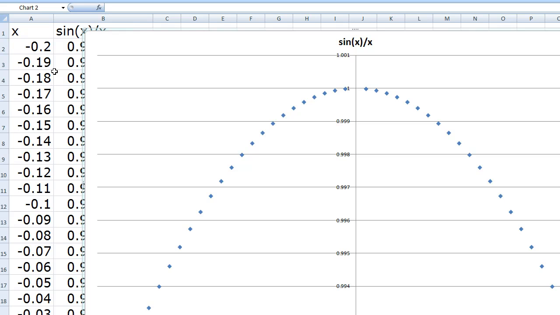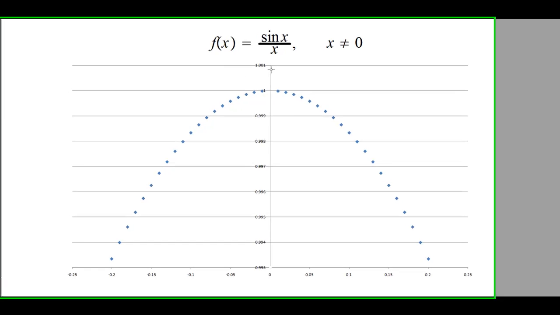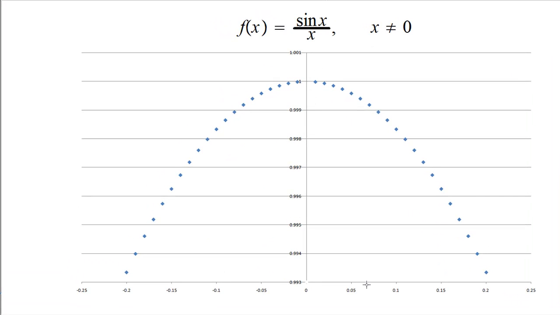Let's go ahead and discuss it. Here we have the function values and here we have the x values. Let's say that we want the values of the function to be no farther than 0.001 from 1. That means we do not want them to go above this value, which they're not doing anyways, and not below this value.